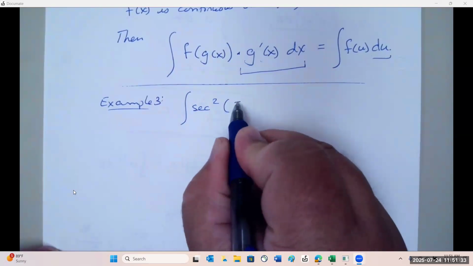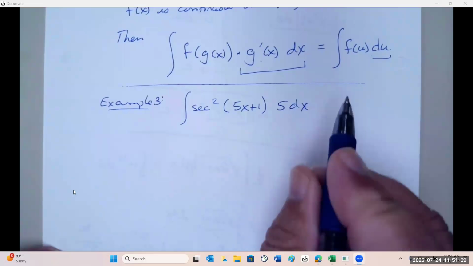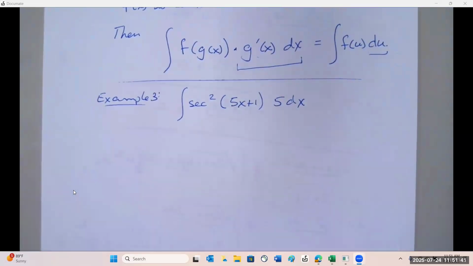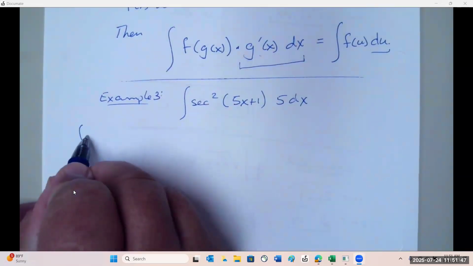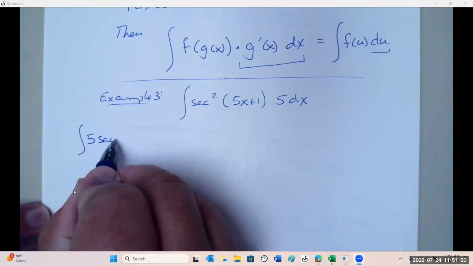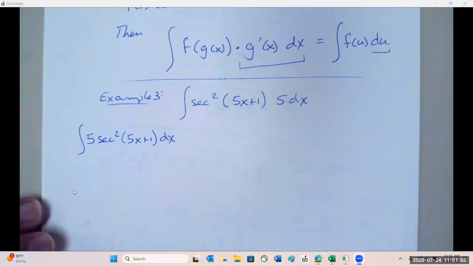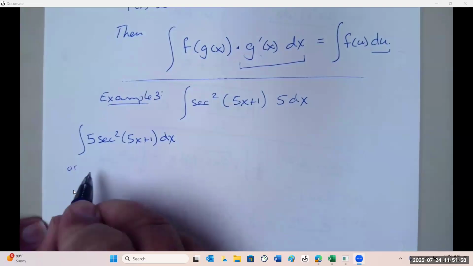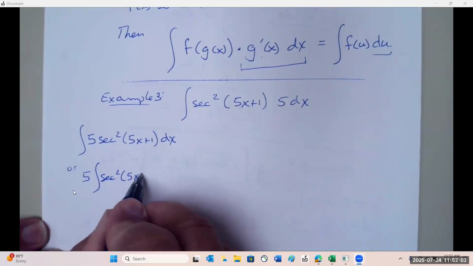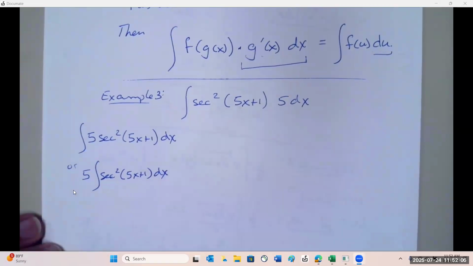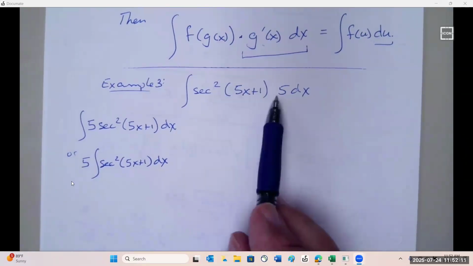Secant squared of 5x plus 1 times 5 dx. Okay, these are easily set up. What you could have been given is this. Or you could have been given this. Why is this one easier to work with?